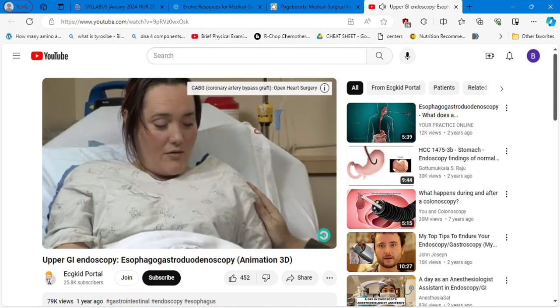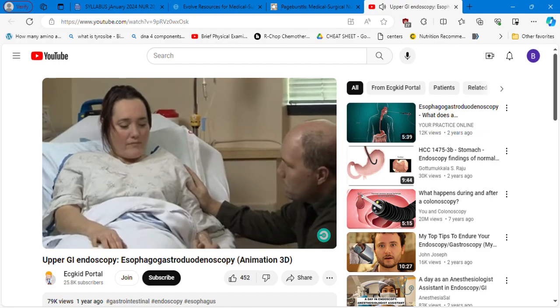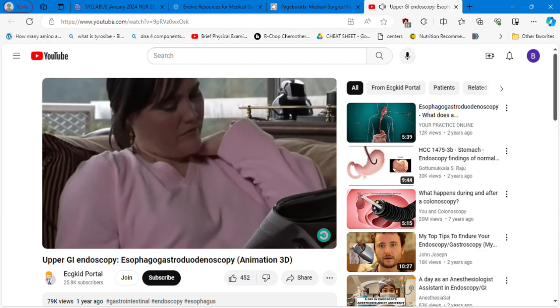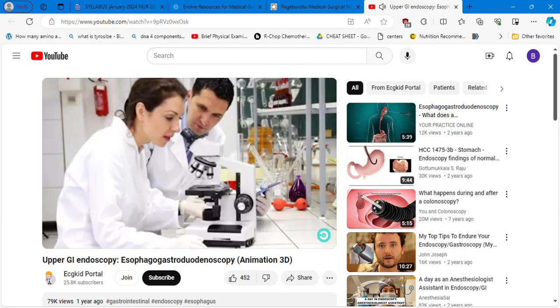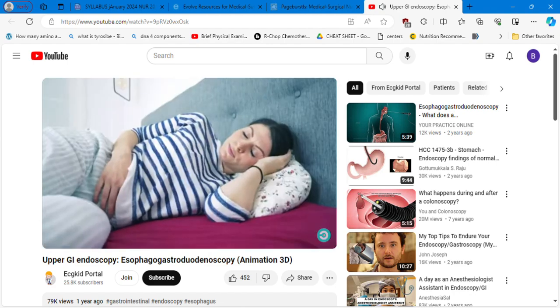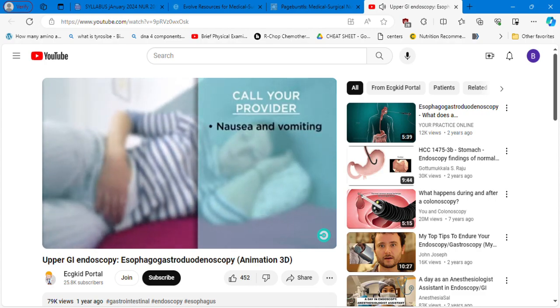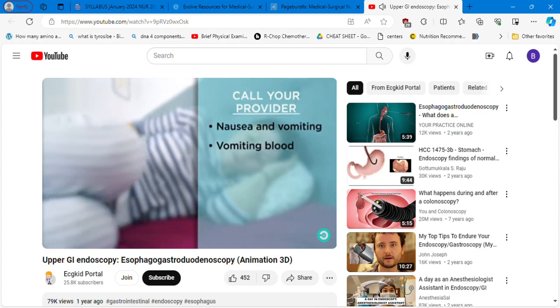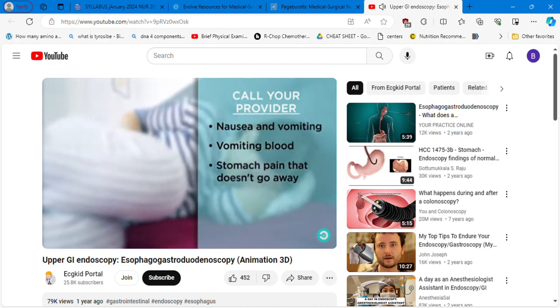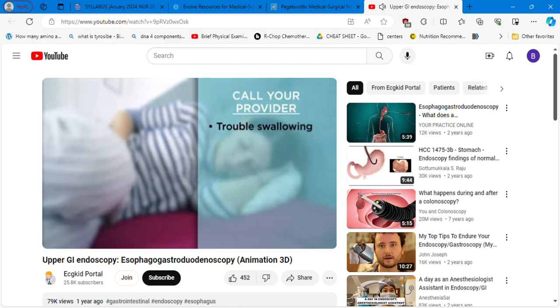This kind of medicine lasts for a while in the body, so you'll need a family member or friend to drive you home. Plan to take it easy for the rest of the day. If you had a biopsy, the results will be ready in about 7 days. Call your healthcare provider if you have any of the following: nausea and vomiting, vomiting blood, stomach pain that doesn't go away, black tarry or bloody stools, trouble swallowing, or fever.